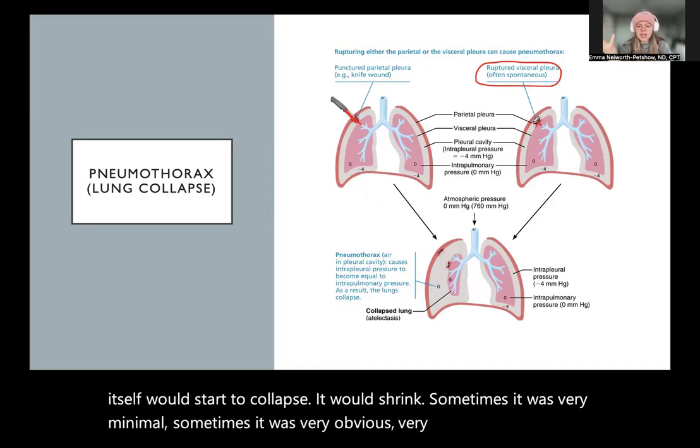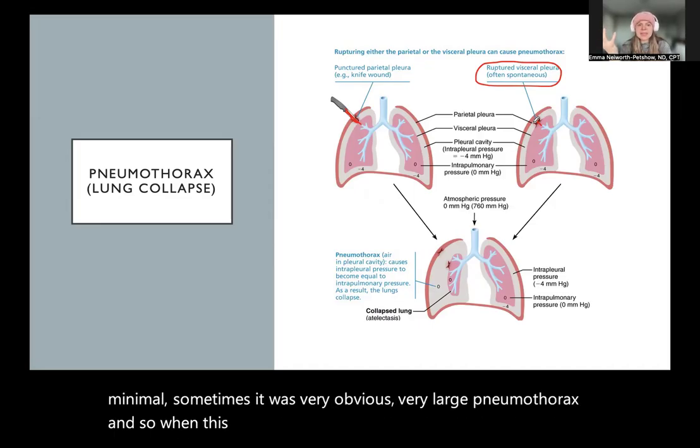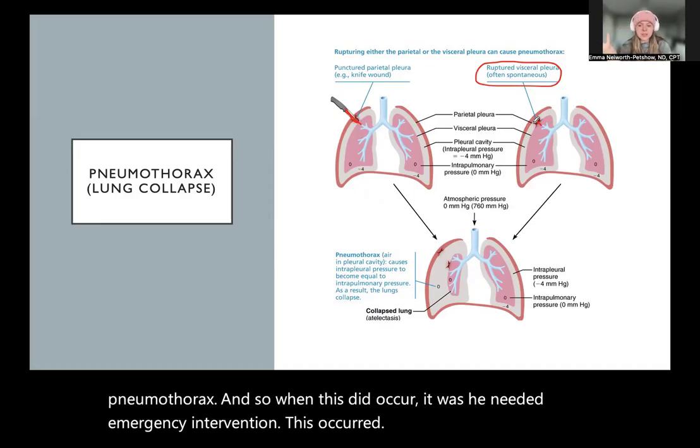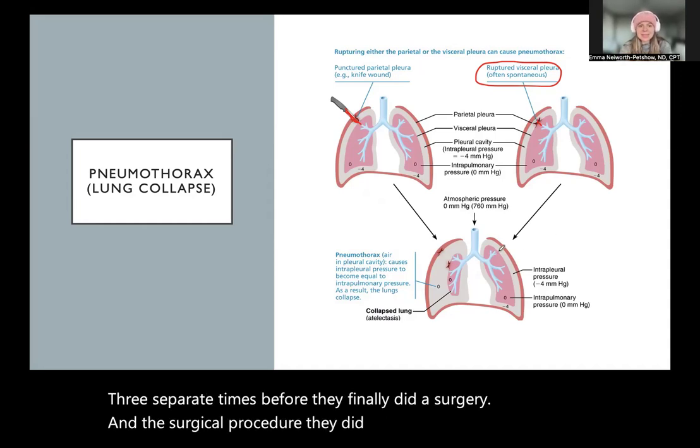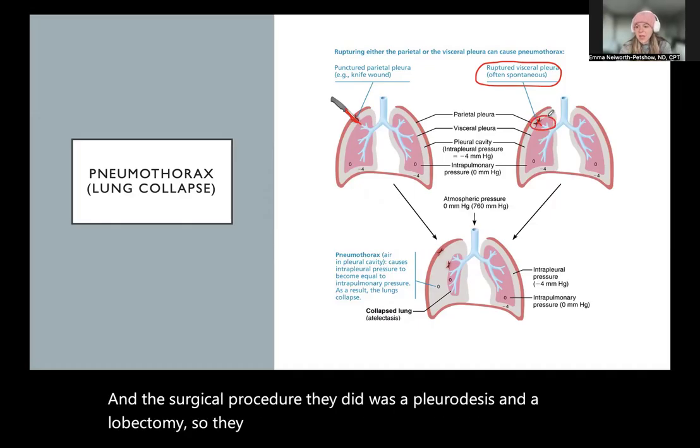When this did occur, he needed emergency intervention. This occurred three separate times before they finally did a surgery. The surgical procedure was a pleurodesis and a lobectomy. They removed the lobe portion of his lung that was causing the majority of the blebs.